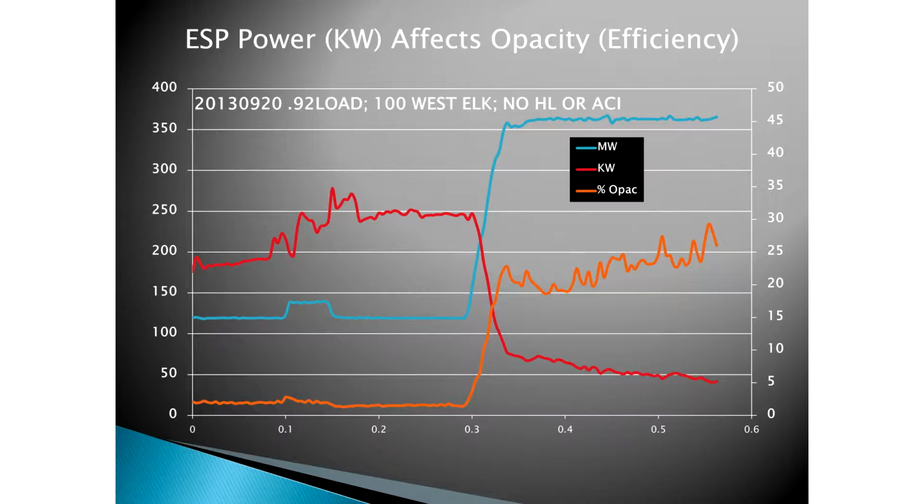So low opacity at night and opacity increases during the day. And the third is the precipitator power. And in this case, and this isn't all cases, when they brought the unit up to load, the precipitator power dropped and the opacity increased.